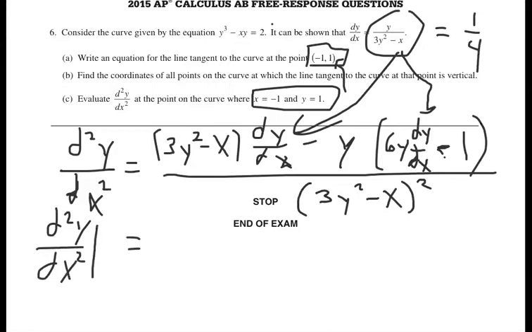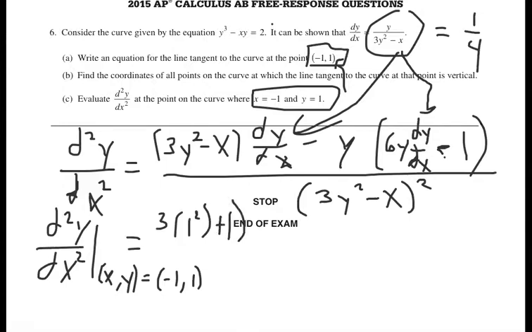And then we tell them, hey, we're going to plug in the point -1, 1. So that's going to equal 3 times 1 squared plus 1. And again, from number 1, we got this slope was 1/4 right there.